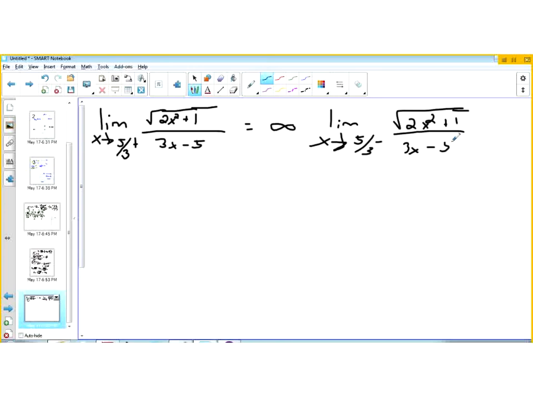So we'll have some finite non-zero number divided by a very tiny negative number this time, and so that would be negative infinity.